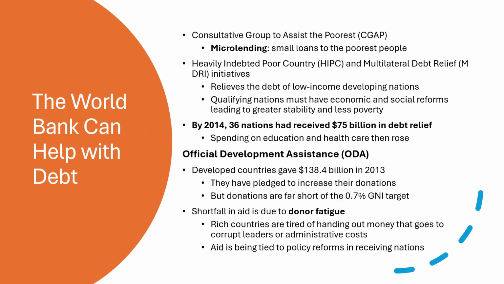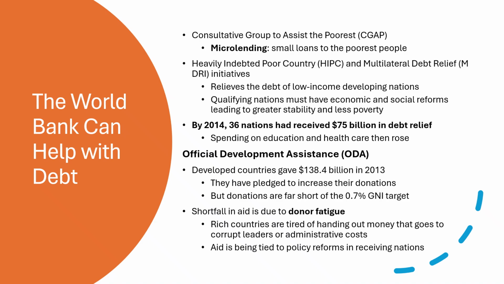So in order to help the poorest countries manage their debt, consultative groups have been put in place. Instead of lending very large amounts of money to governments, it has been shown that microlending is more efficient. Those are very small loans made to the poorest people. This is an extremely efficient way to fund projects that are directly helpful to those people.